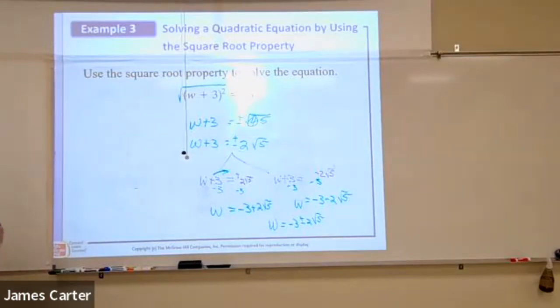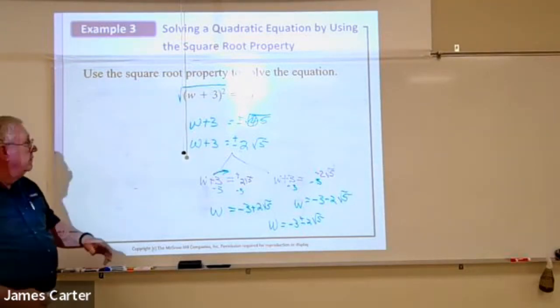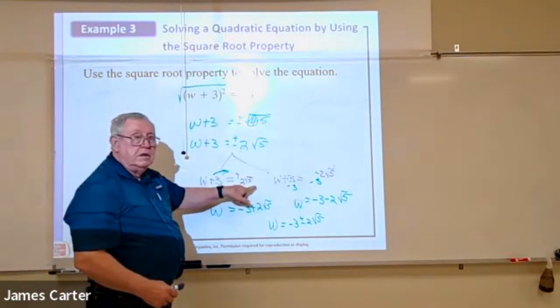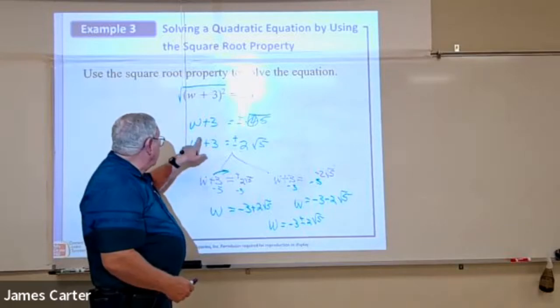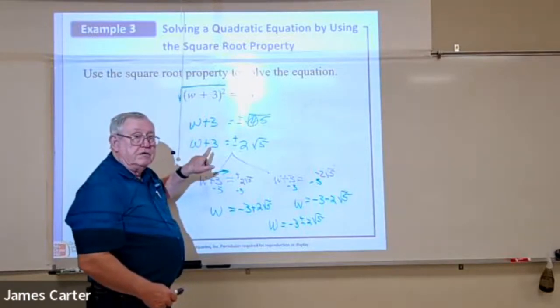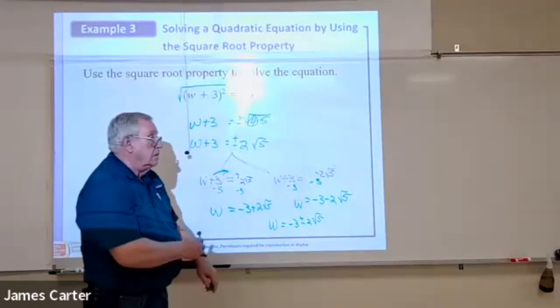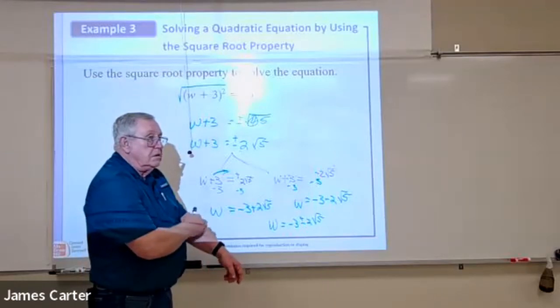The 3 is always going to be moved over. Is there going to be times where it's going to be extended? No, because you've got to get one W by itself. You're not combining them.